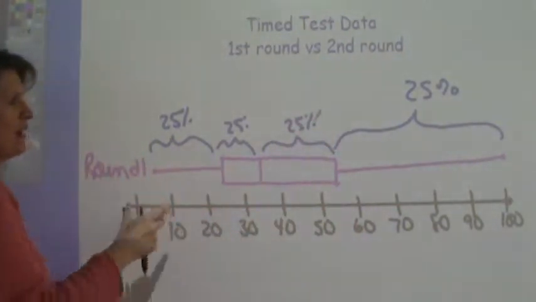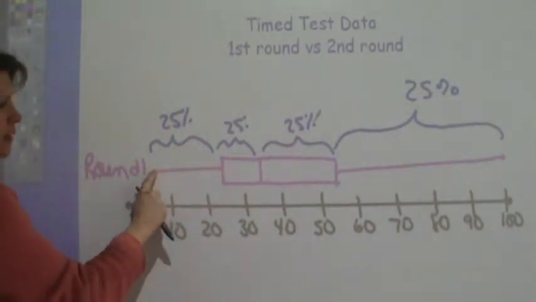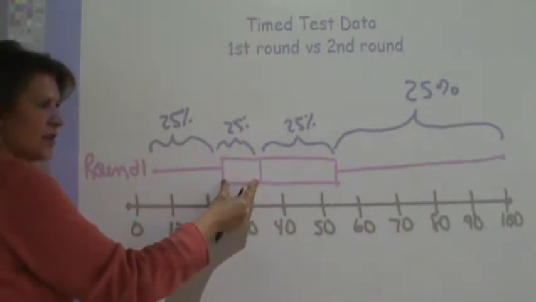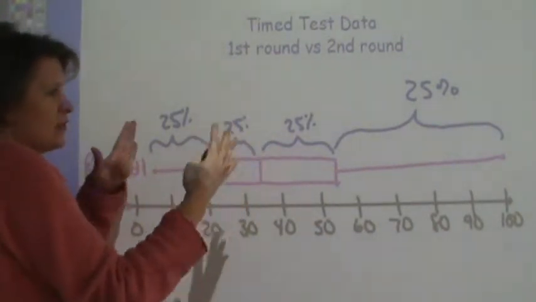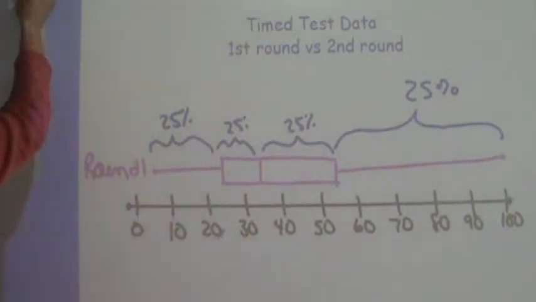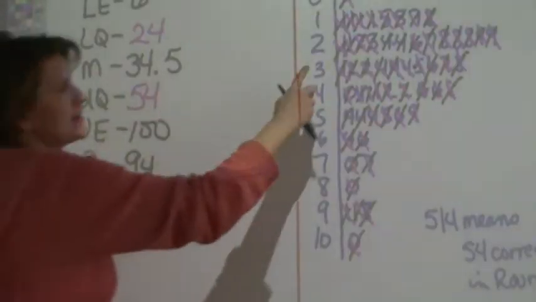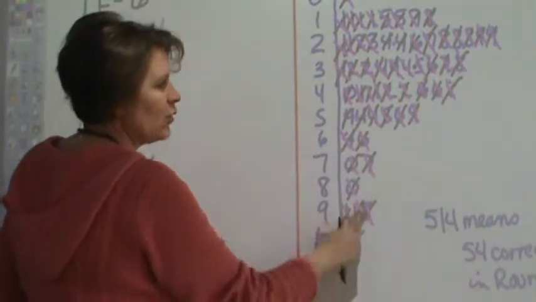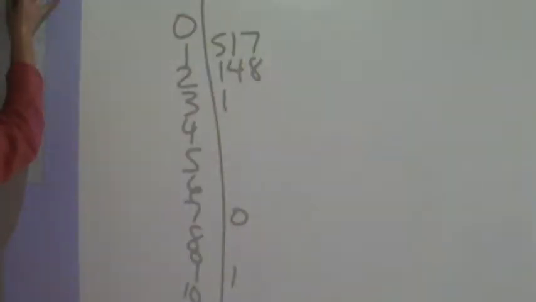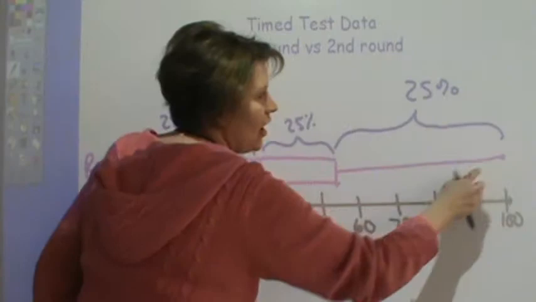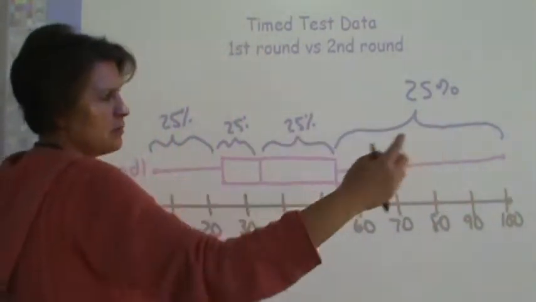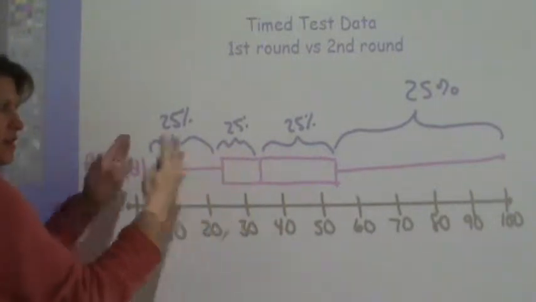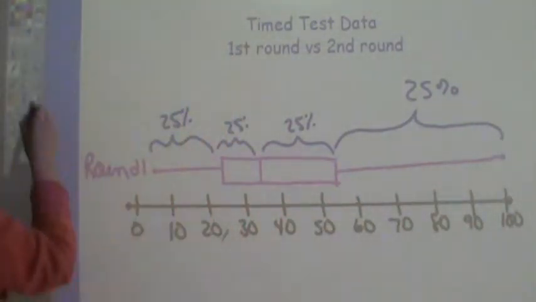That means 25% of you scored between the lower extreme and the lower quartile. Notice how this is closer; that just means your data was bunched a little closer together. If you look back at your box and whisker, that's confirmed. We have a lot of data right here, whereas down here it's a little more spread out, which is why your right whisker is so long. So 25% is here, and it's also here. It's just bunched up here, and spread out here.